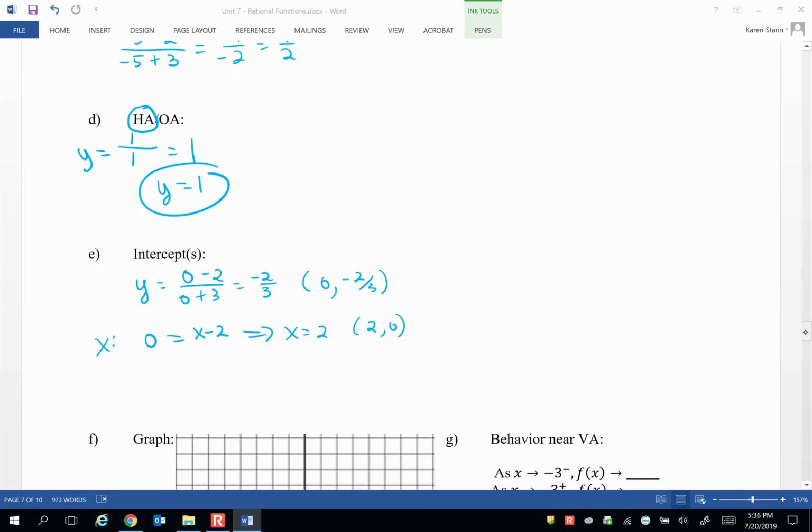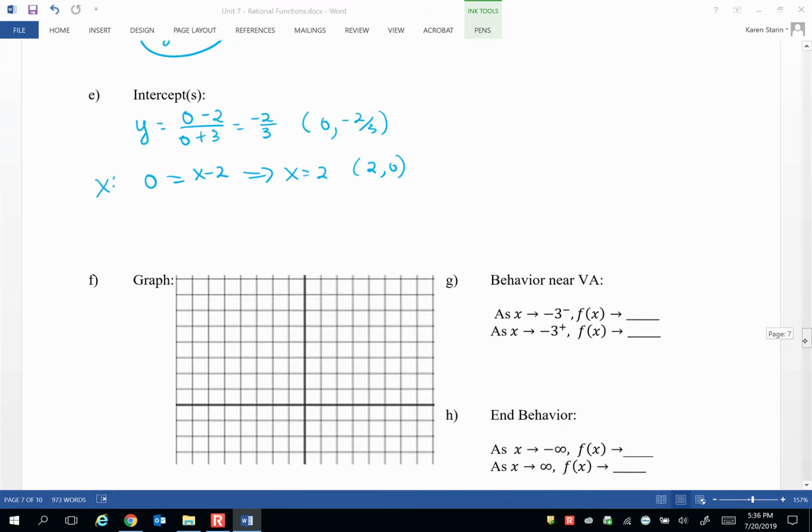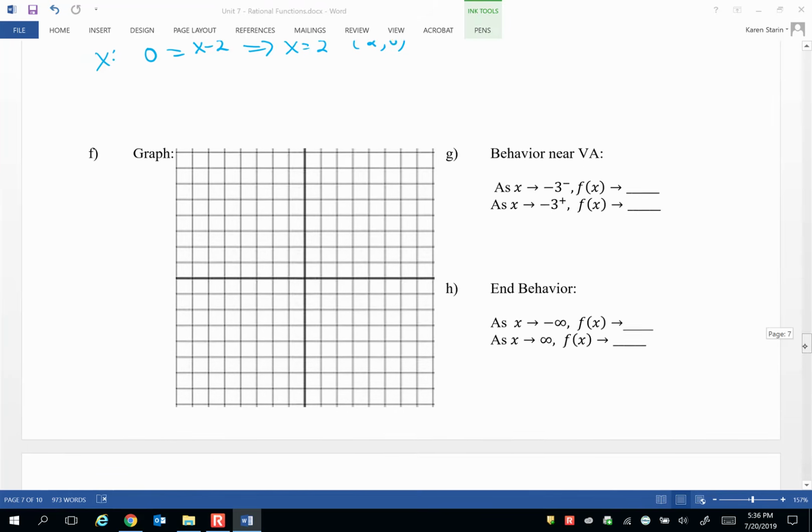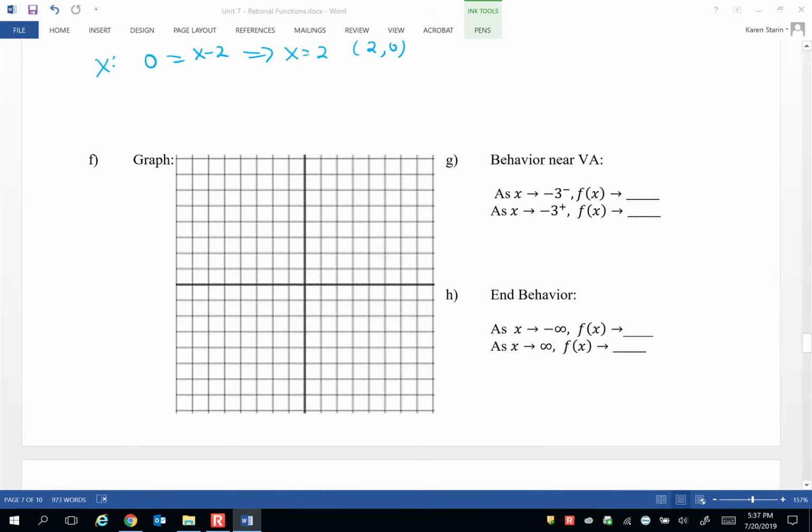And let's sketch the graph, and then we'll read the graph to describe the behavior near the vertical asymptotes and its end behavior. So with all of the information above, and you'll have to look at your paper because the screen doesn't show it so well anymore, I'm first going to sketch the asymptotes.